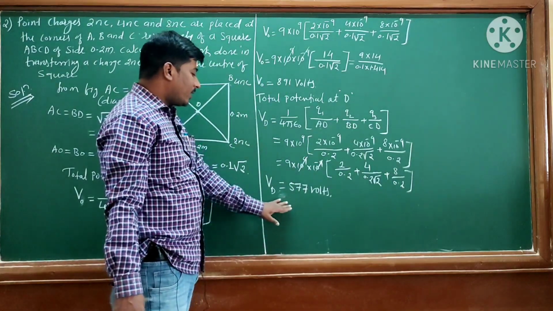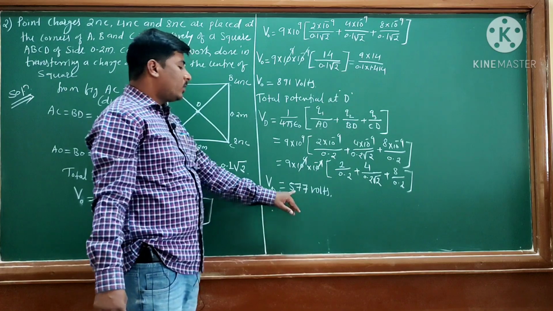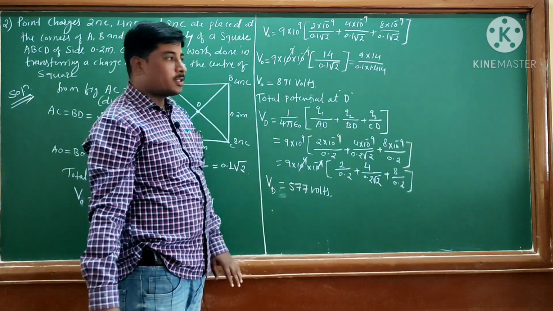After calculating, we get VD equal to 577 volts.